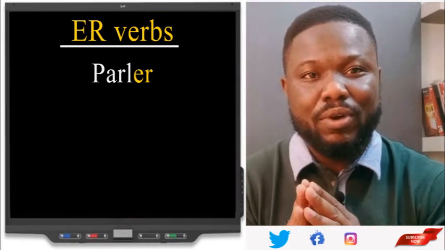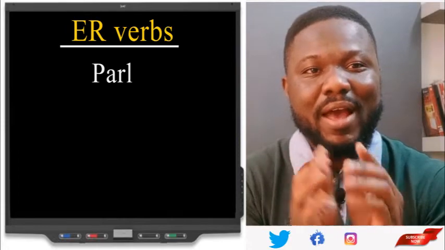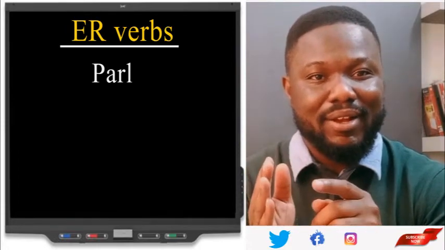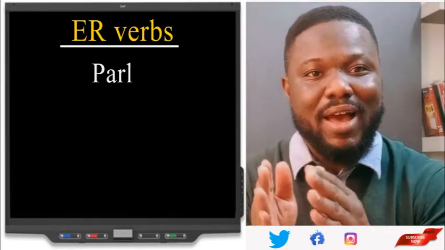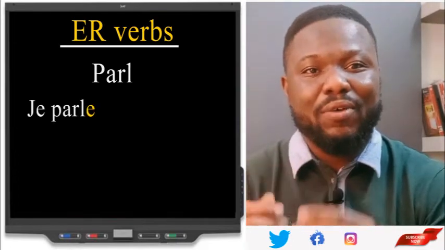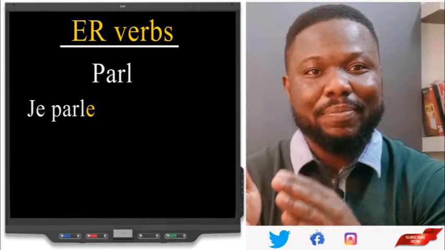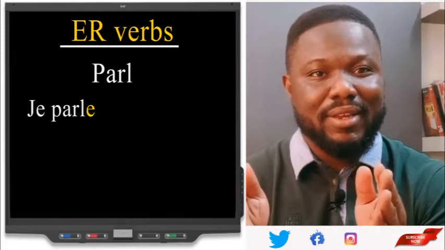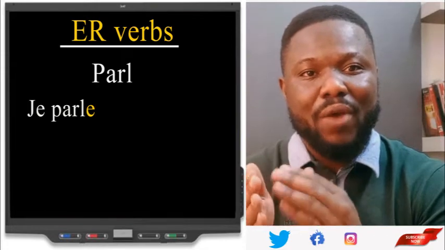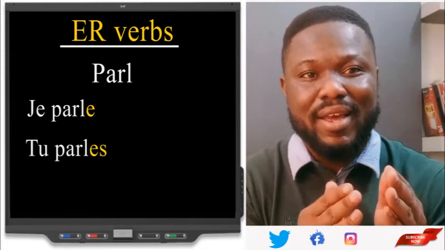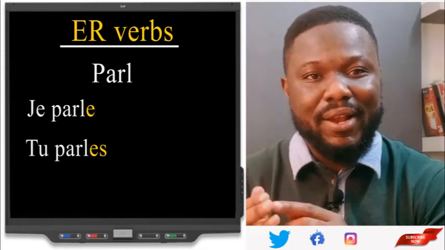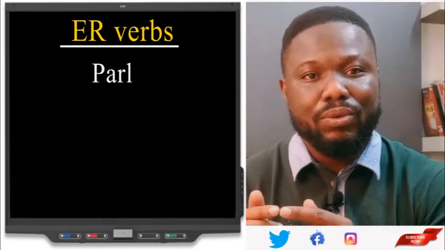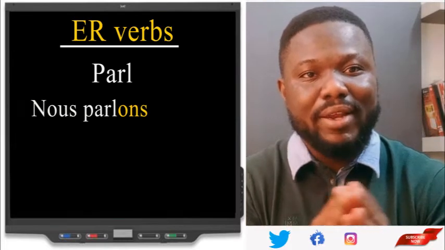So what do I do? I remove the ER and I have the stem, the radical. So it is P-A-R-L. To that P-A-R-L, for je, I will add E, so P-A-R-L-E. For tu, I will add at the end ES. For il and elle au singulier, I will add E. For nous, I will add ONS.